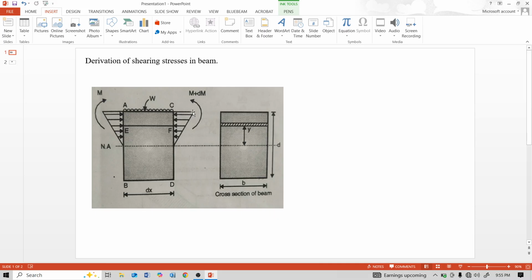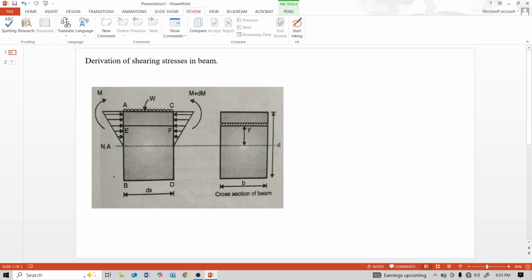Because of this bending moment, there is sliding of layers within this section. Because of the sliding of layers due to tangential forces, shear stresses are induced inside the beam. We will see this derivation step by step.